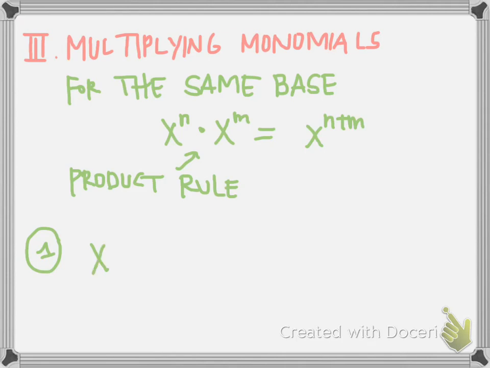So here, that's a 5, sorry. Does it look like a 5 there? So here, if I've got the same bases right here, I've got x to the 4th times x to the 5th. So x to the 4th times x to the 5th would be x to the 4 plus 5, which is x to the 9th power.